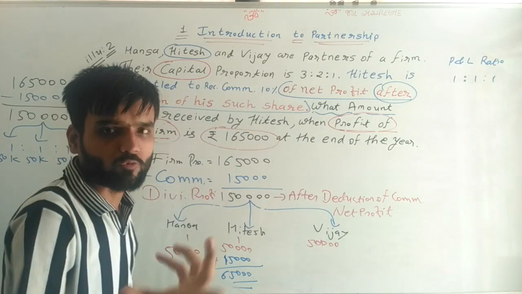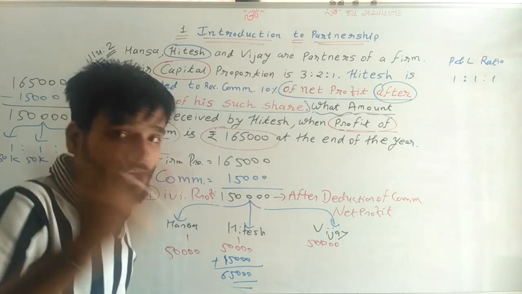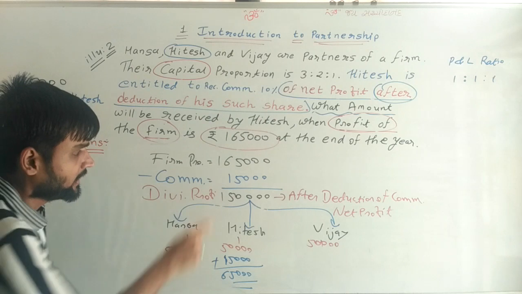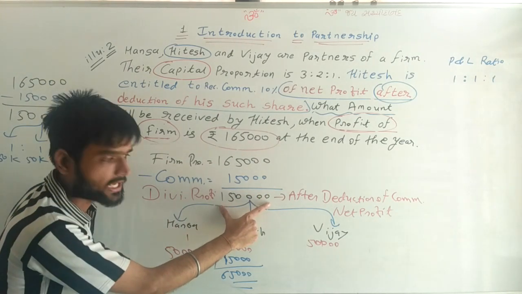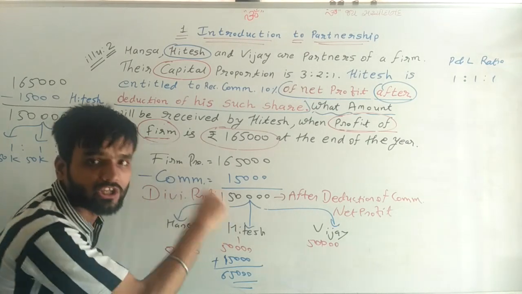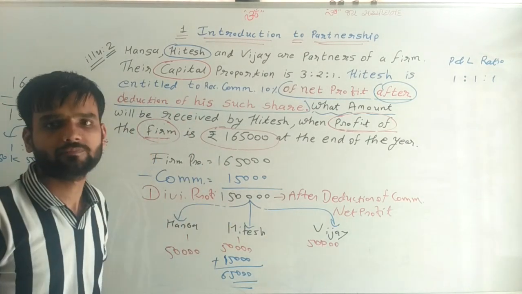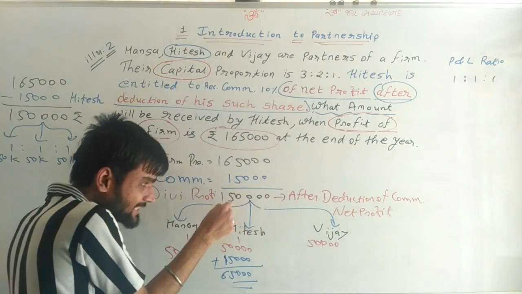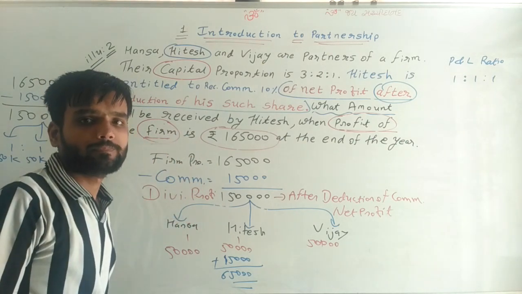Commission of 10% on what? On net profit. Which net profit? After deduction of such commission. Means after deduction of commission, whatever net profit is there, of that profit we need to find 10% commission. This is the profit after deduction of such commission.